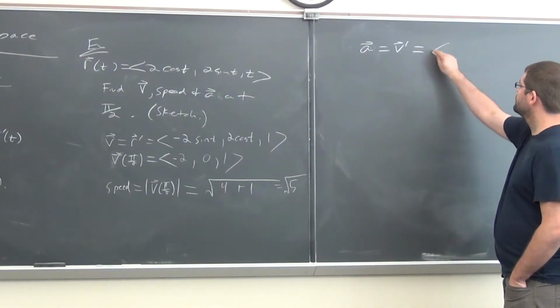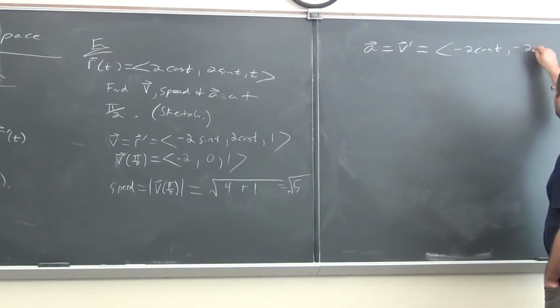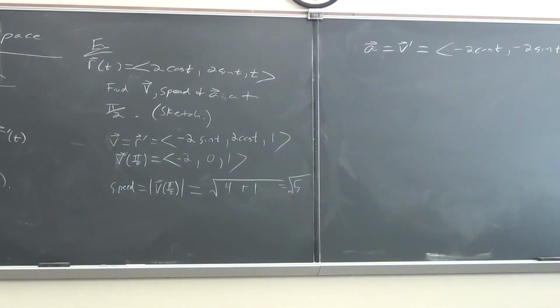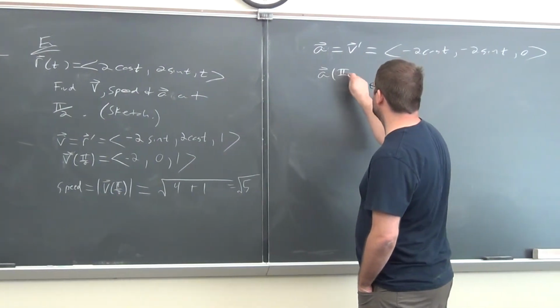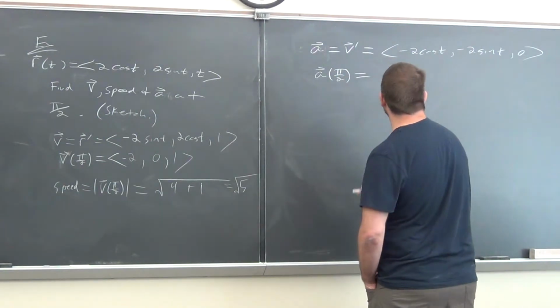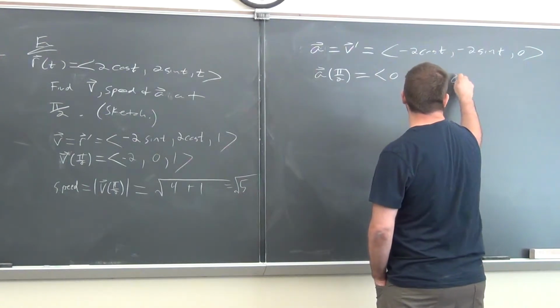Negative 2 cosine t, negative 2 sine t. Okay. Good. Everybody come up with that? And so evaluate that at pi over 2, and what do you end up with? 0, negative 2, 0.